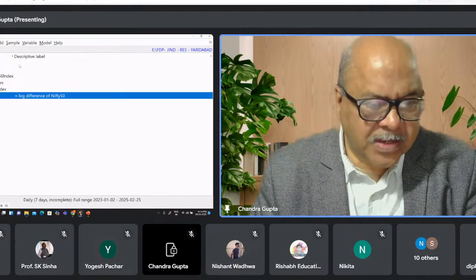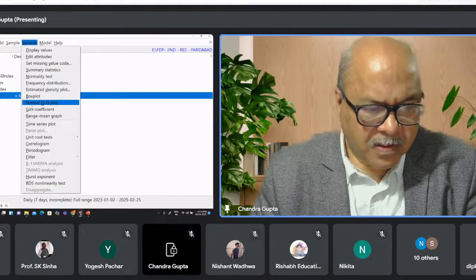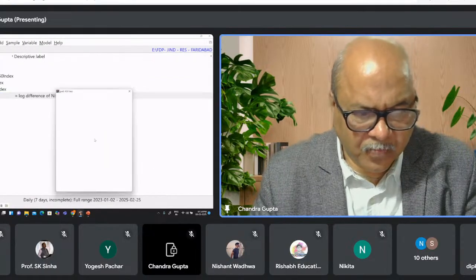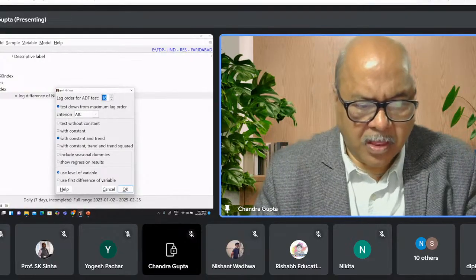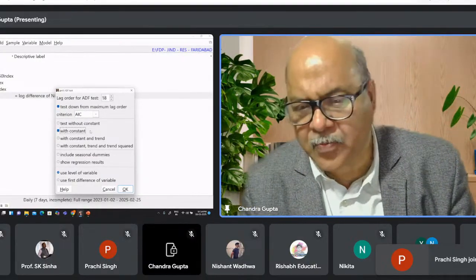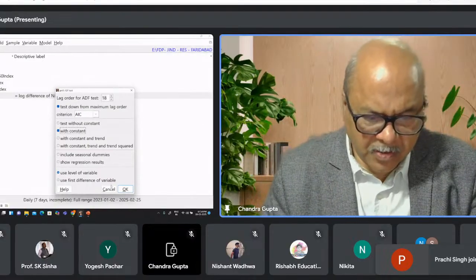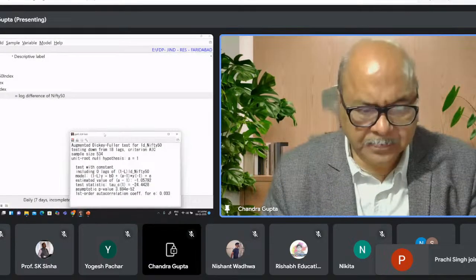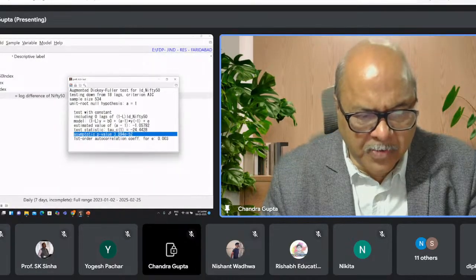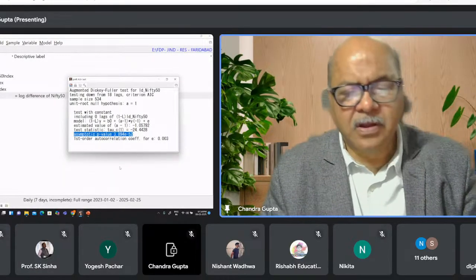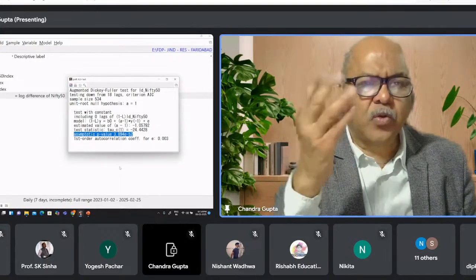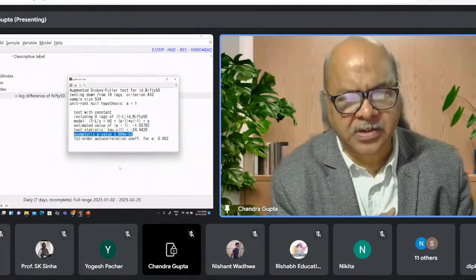Then I test this variable for unit root. Now by taking the difference we are killing the trend. So now we have only constant. We say okay. And now you can see the asymptotic p-value is 0. That means now the series has become stationary and you can do whatever you want to do with this stationary series.